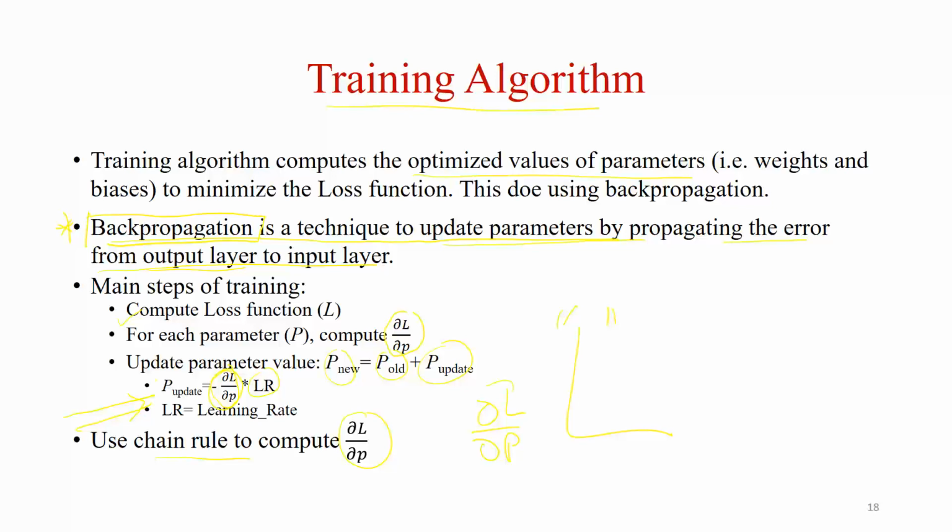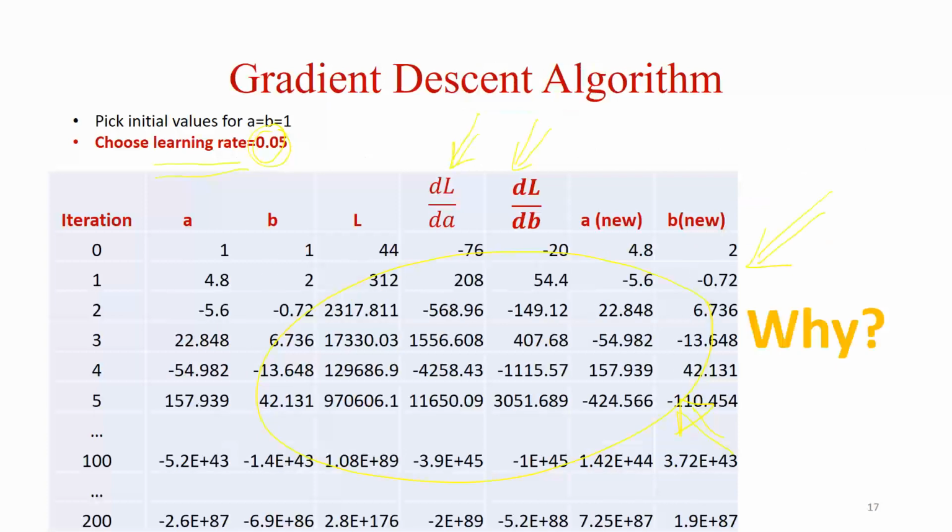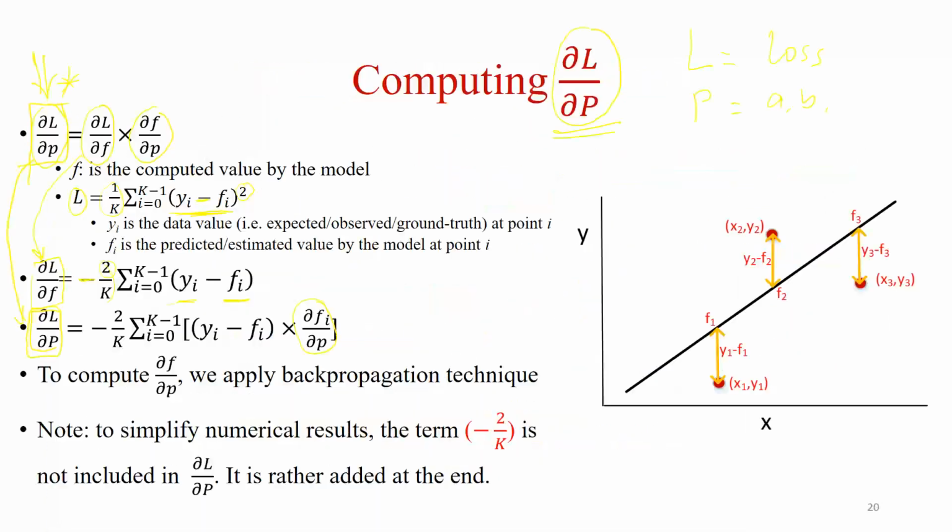This is what tells me how to fine-tune the parameters. That's why I'm going through this exercise of finding delta L over delta P, because this is what will help me fine-tune the parameters.